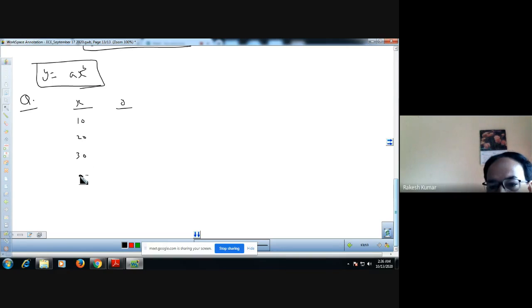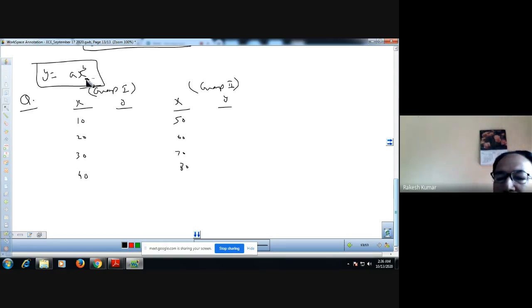30 and 40. Now I am straight away going to divide into 2 groups. This is group number 1 and this will be group number 2. The next x values are given to us: 50, 60, 70, 80. Remember, we are doing the question for this exponential equation.